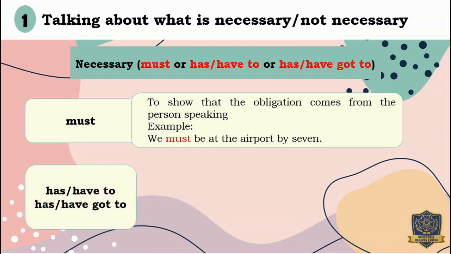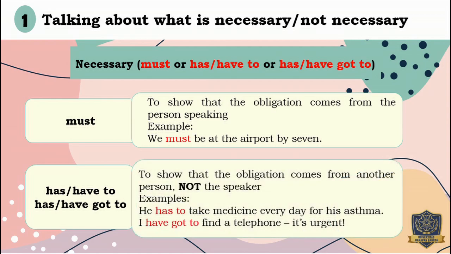Has or have to, or has or have got to. This is to show that the obligation comes from another person, not the speaker. Untuk menunjukkan bahwa kewajiban tersebut berdasarkan atau bersumber dari orang lain dan bukan dari dirinya sendiri.